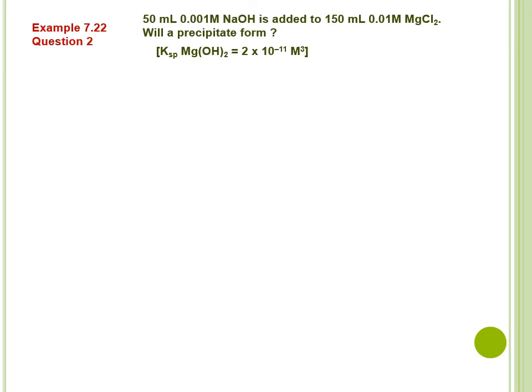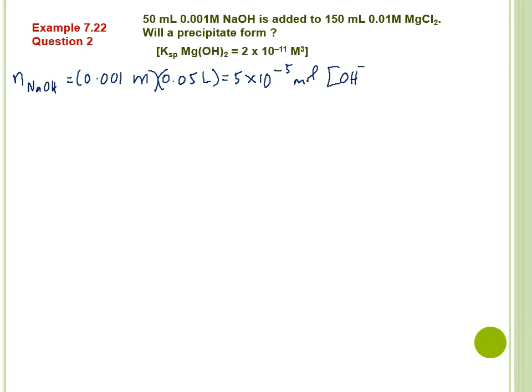Okay, firstly, as we have done before, we need to find the number of mole of sodium hydroxide: 0.001 molar, multiplied by the volume in liters, 0.05 liters. This would give you 5 times 10 to the power of negative 5 mole. And the concentration of OH minus, how do we know it is OH minus?